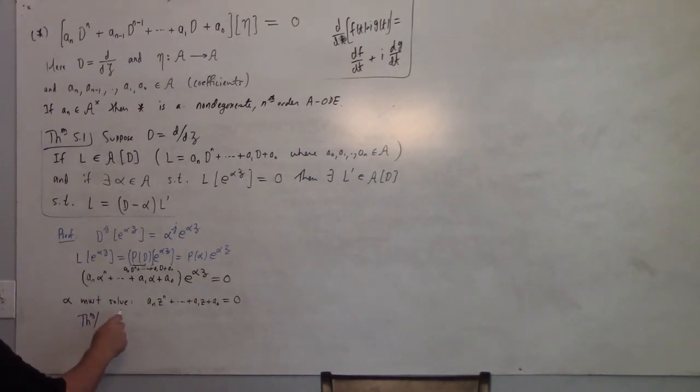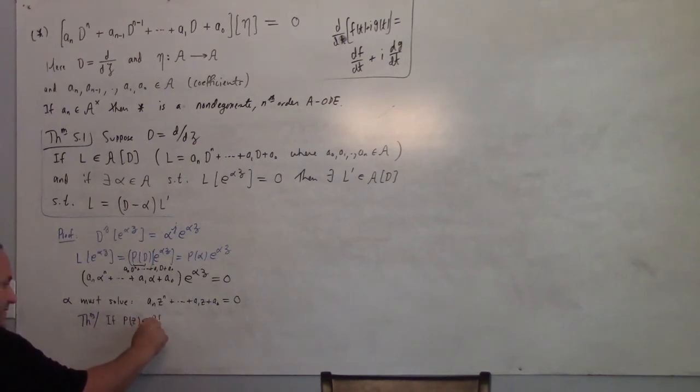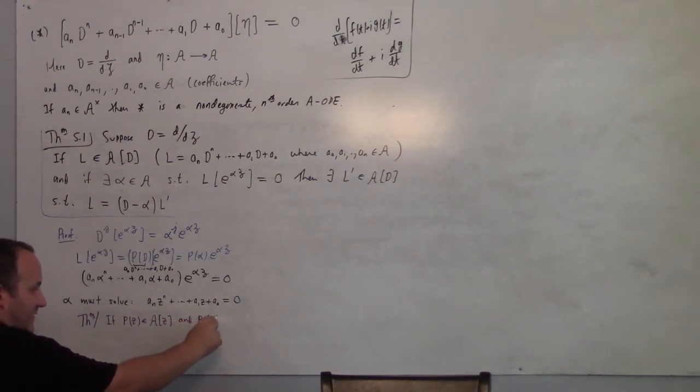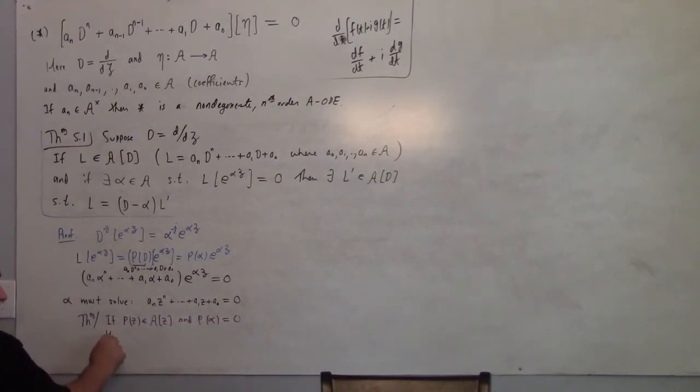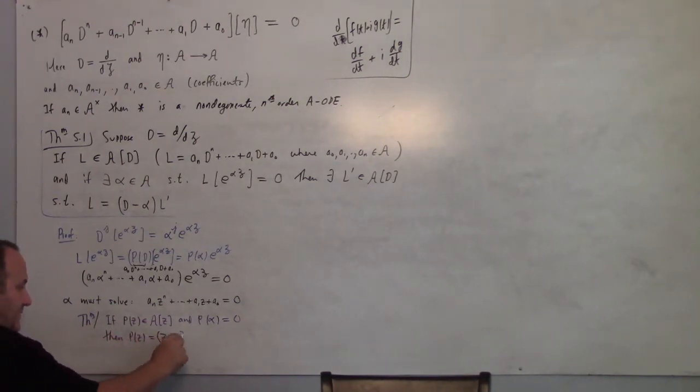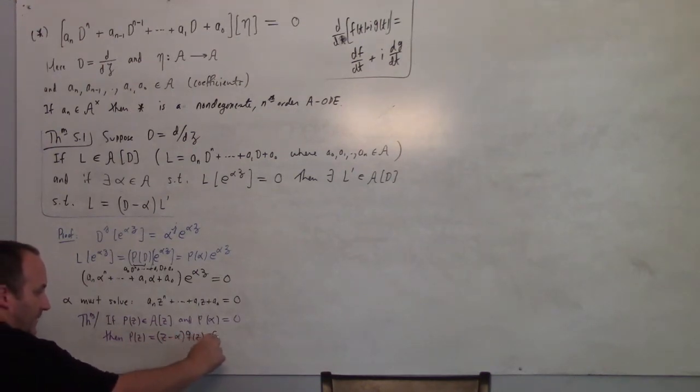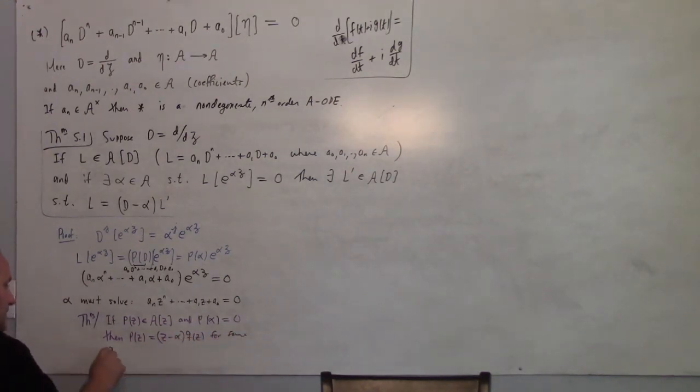Theorem: if you have P of z, an element of the algebra of polynomials in z, and P evaluated at alpha equals 0, then P of z is equal to z minus alpha times Q of z for some Q of z, a polynomial in z with coefficients in the algebra.